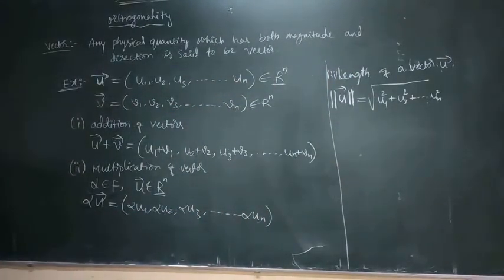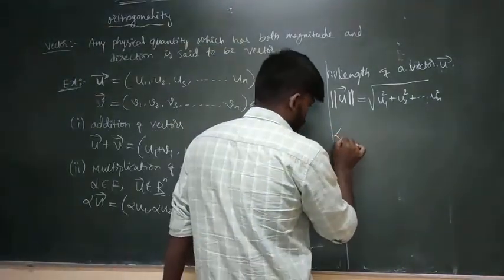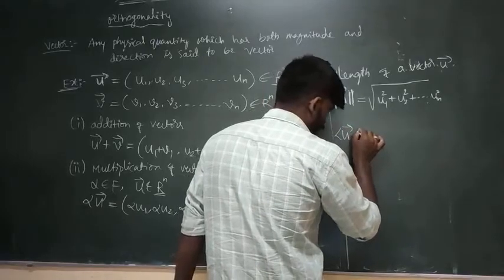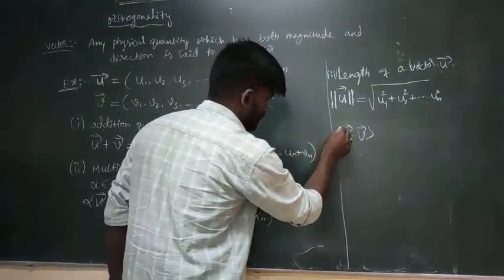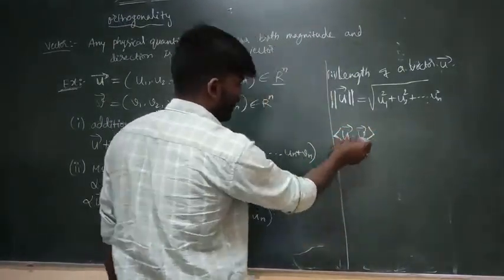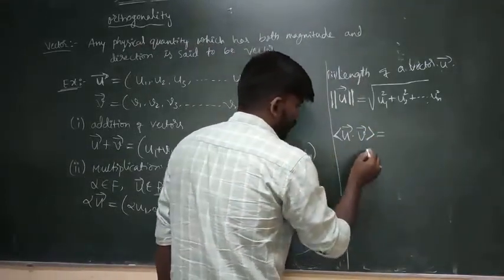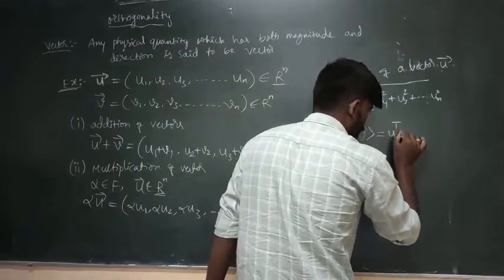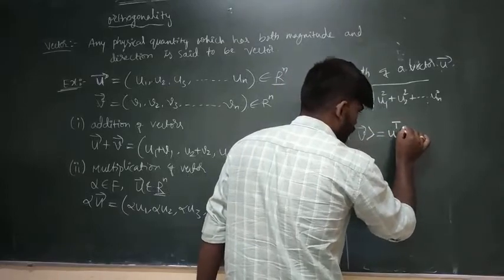We'll see what the inner product of two vectors is. The inner product is denoted by vector u dot vector v, or by brackets with u and v within. The inner product of u and v means the dot product of u transpose and v, the dot product of the u transpose matrix and v.